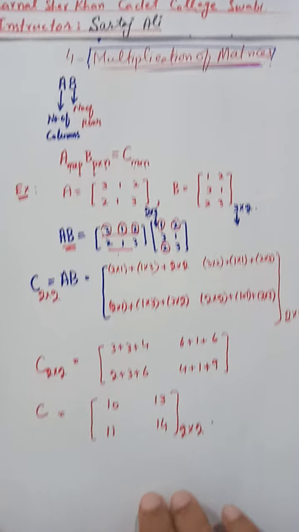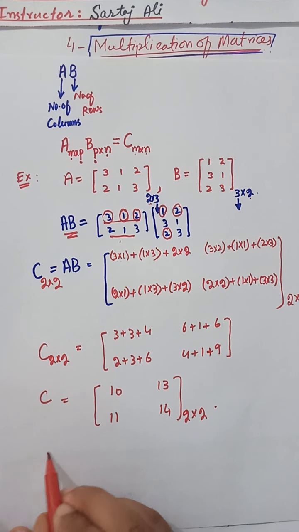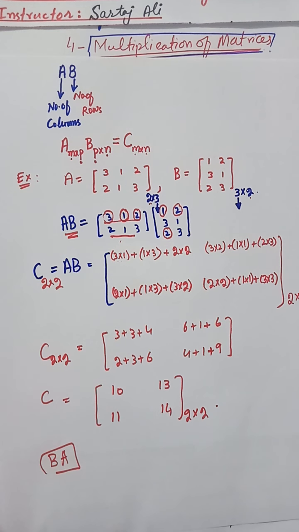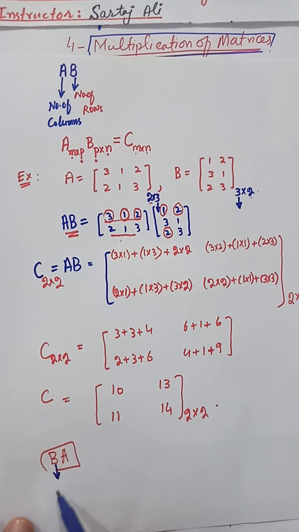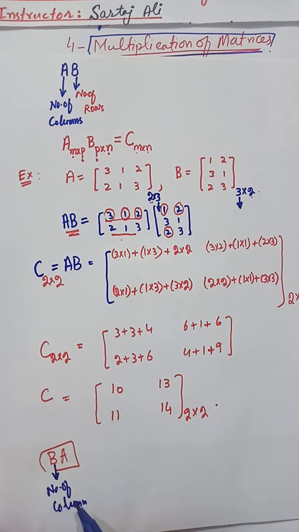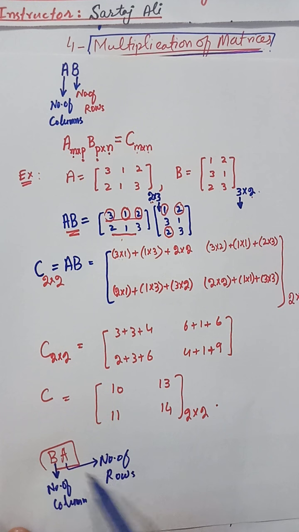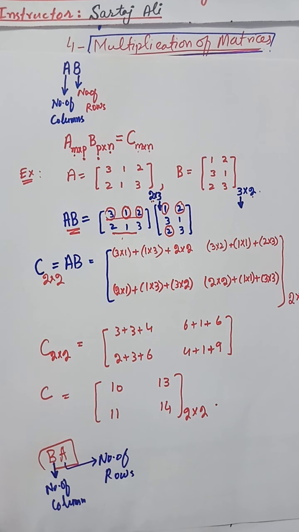Now if I want to multiply B with A, here I will check the number of the columns of matrix B, because now this is the first matrix in this multiplication, and the number of the rows in the second matrix, because this is the second matrix in this multiplication.